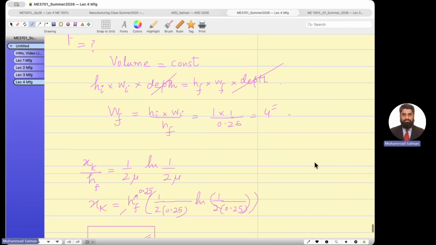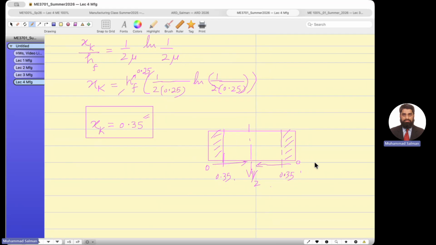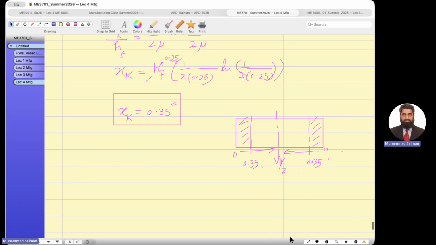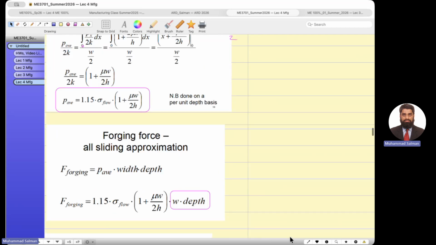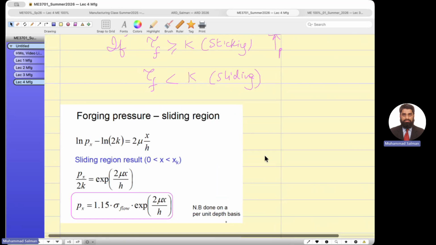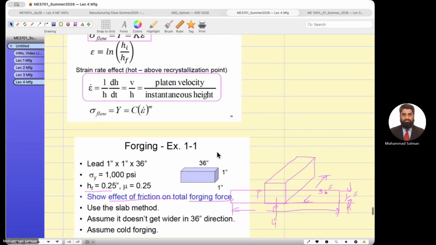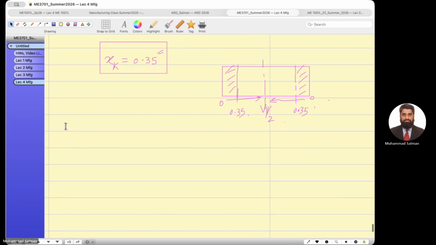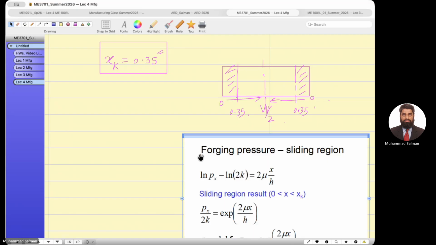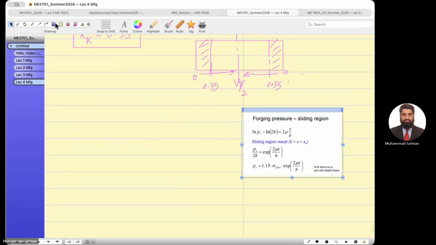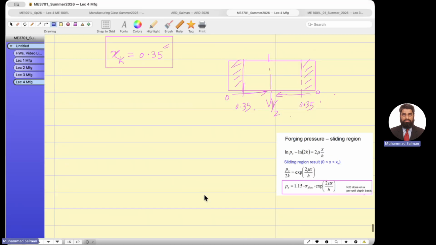Can you help me? Sliding region. I'm going to show you the formula for the pressure of the sliding region. If I go back, yes, this slide tells me this. Let's apply this formula.